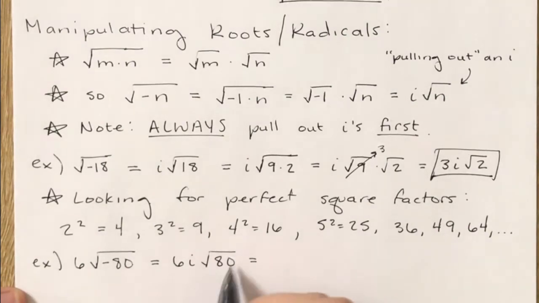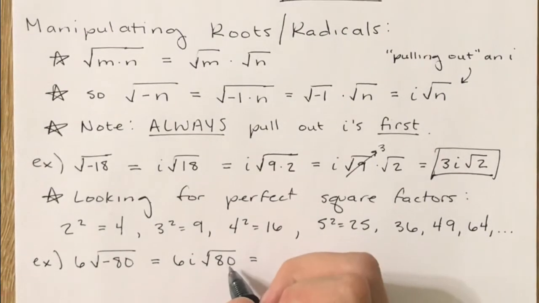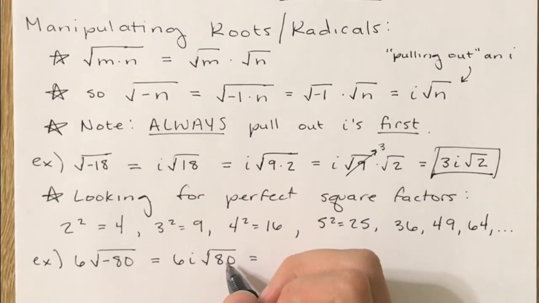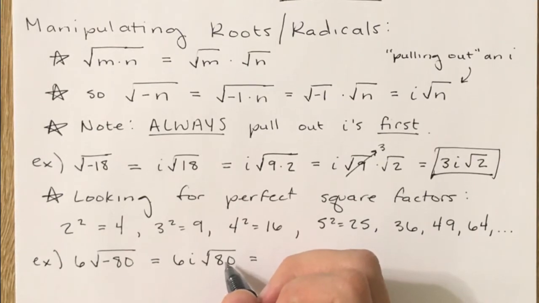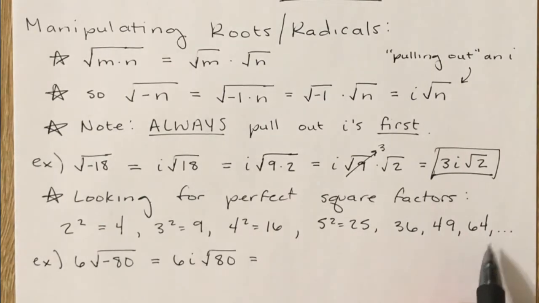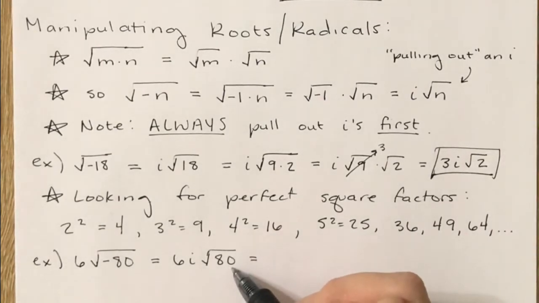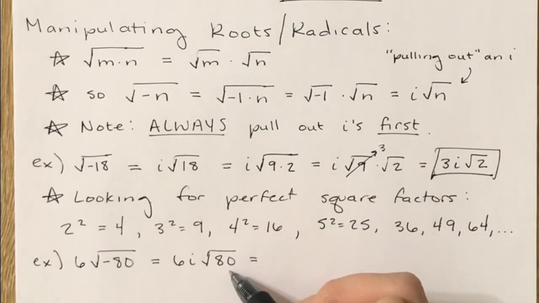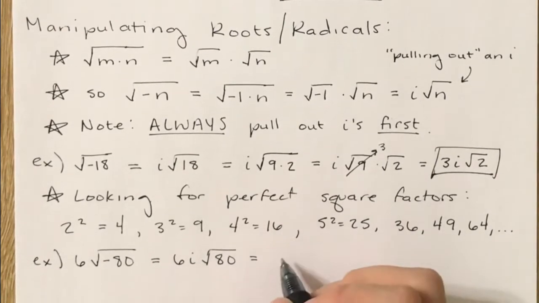Now, how can I reduce or simplify this square root? Well, we want to look for one of these factors. 4 is certainly something that divides 80. We could start with 4 if we wanted. Let's go ahead and do that.